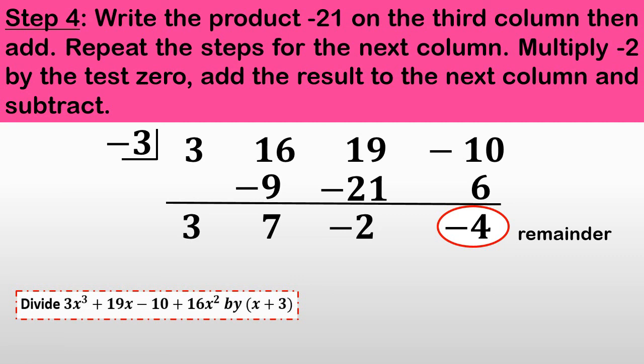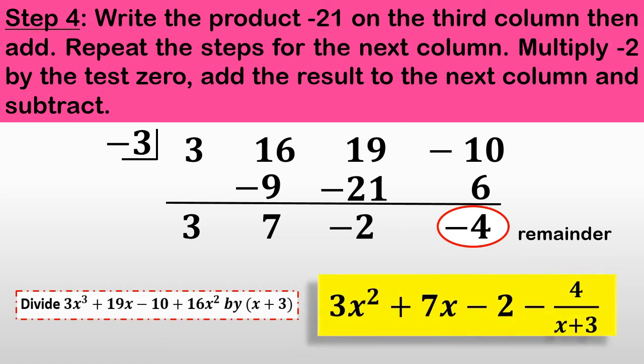So, lagi tayong bababa ng isa sa exponent to easily write the quotient of the given kapag tayo ay gumamit ng synthetic division. So, kung tayo ay nasa 3x cubed sa ating dividend, bababa tayo ng isa. So, it will become 3x squared.